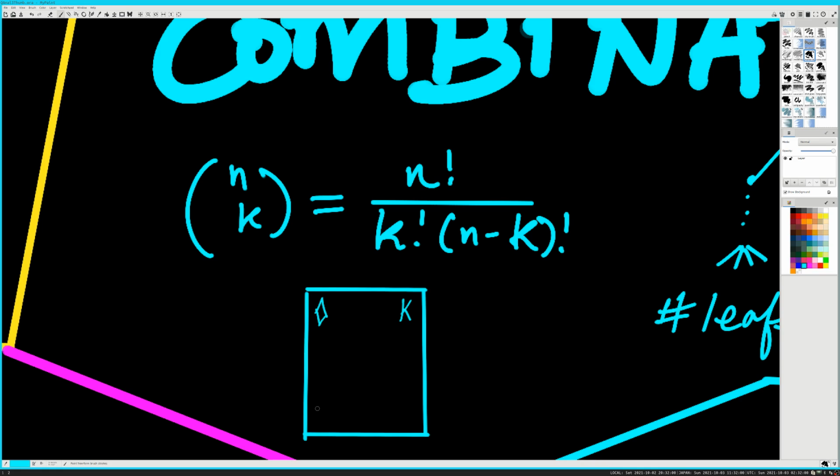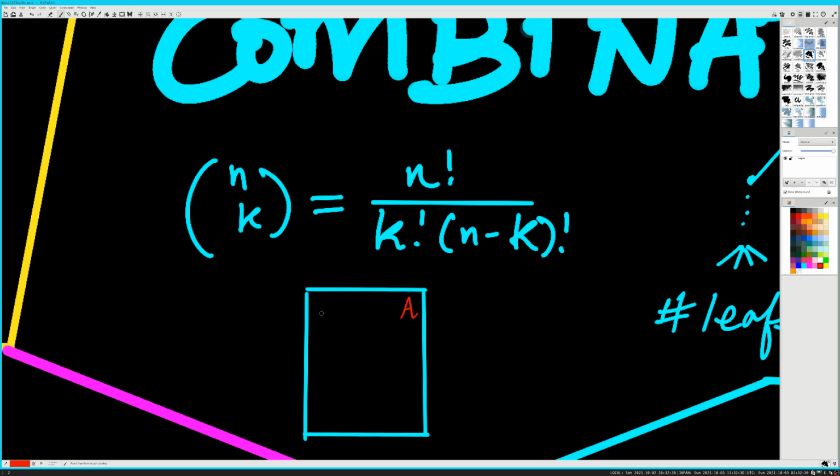And then rotate. Let's make it red. No, I'll be the ace.